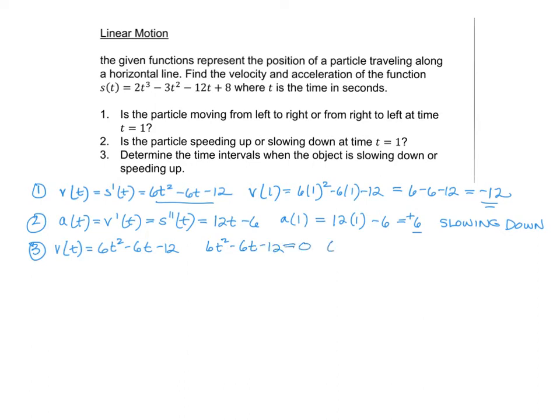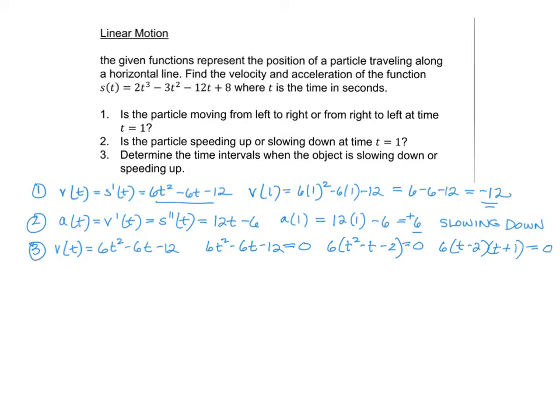And I'm going to factor out a 6. That leaves us with 6 times t squared minus t minus 2. And then I'm going to factor that. So I get 6 times t minus 2 times t plus 1 equals 0.